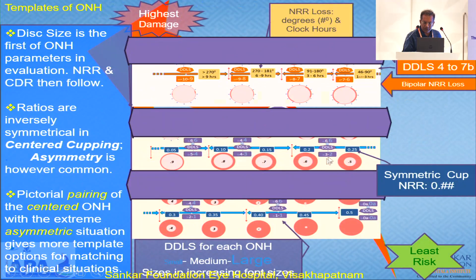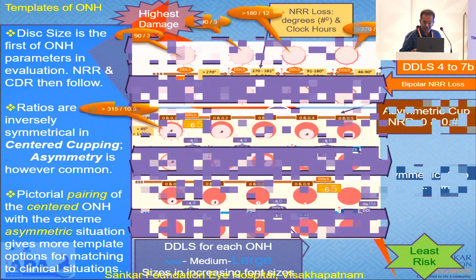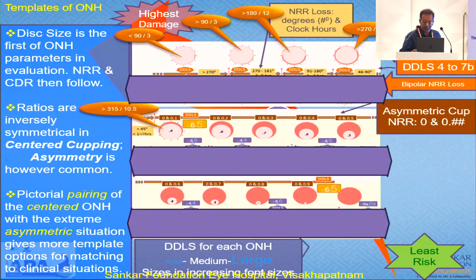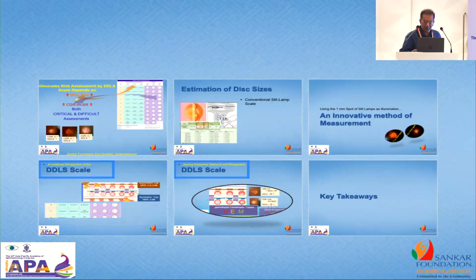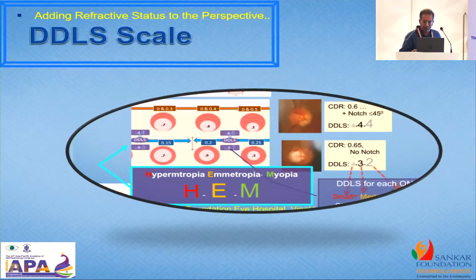The template has the grade of the DDLS mentioned right next to it, and the correction factor, whether it is because of the disc size or because of the myopia or hypermetropia, can be read up with the help of these templates.